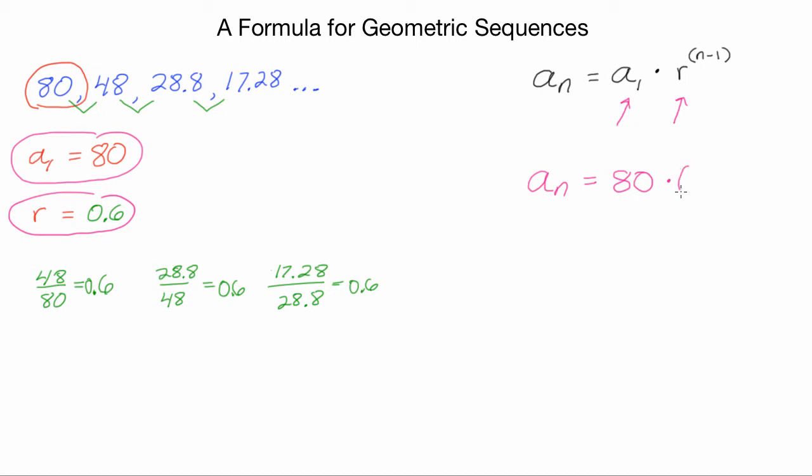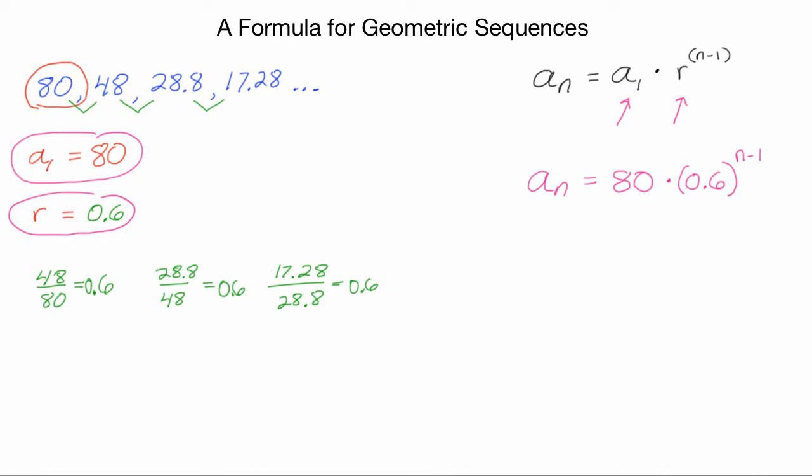I'm going to use parentheses to make it clear. 0.6 is what I'm multiplying by over and over again, and the exponent is going to be one less than whatever term I'm going to find. So we've just got a formula written. This is representative of this pattern right here. It's a way to condense and show what's going on.